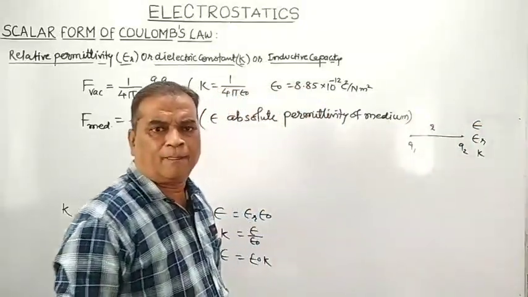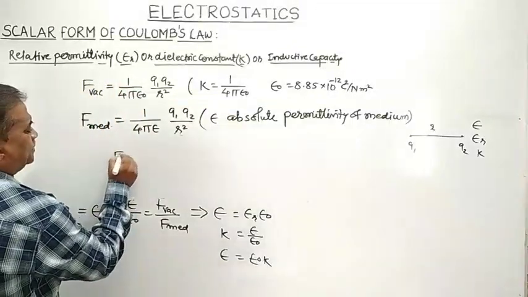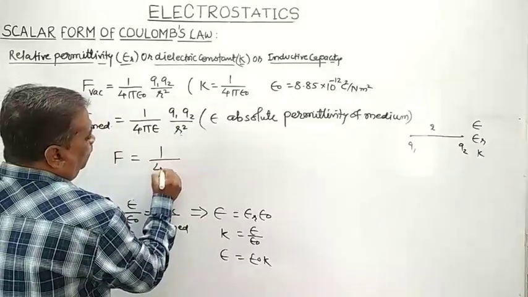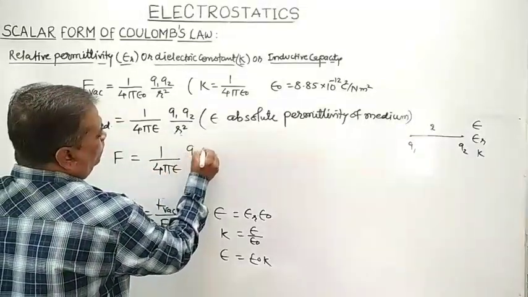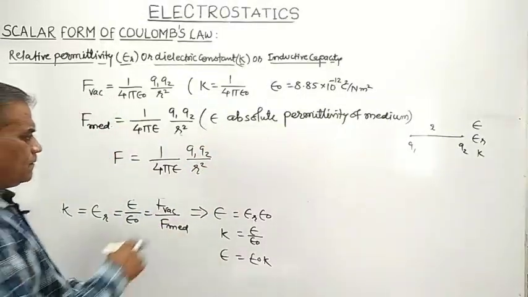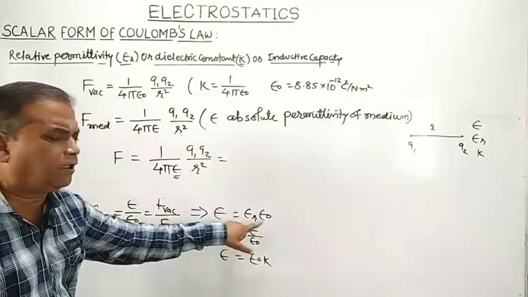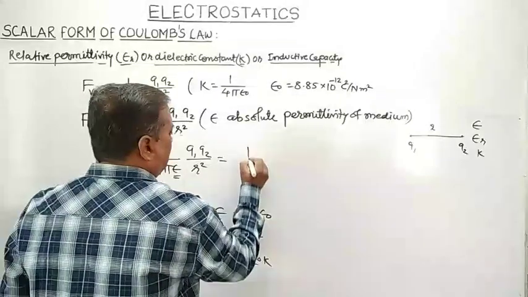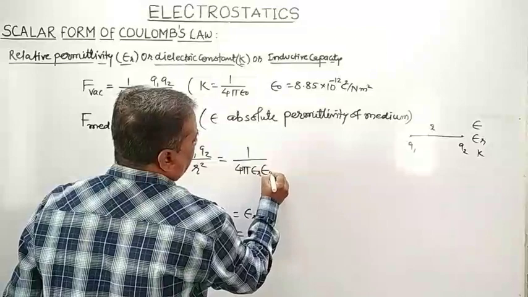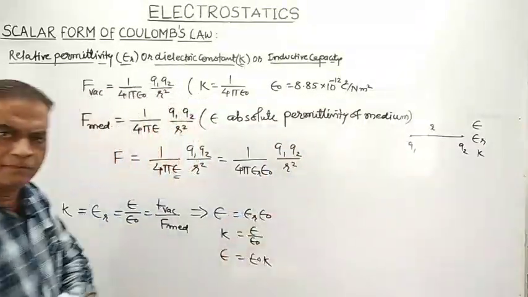Epsilon r. Then the force of attraction or repulsion between them can be expressed as F is equal to 1 upon 4 pi epsilon, q1 q2 divided by r square. Now you can replace epsilon by epsilon r into epsilon 0. So this is 1 upon 4 pi epsilon r into epsilon 0, q1 q2 divided by r square.